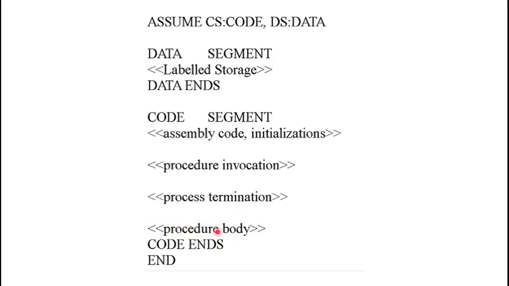Note that the procedure body should only be used from a procedure invocation, not as part of normal control flow. So it's initialization, invocation, termination part, then procedure body, or branch part and procedure body. The purpose of this process termination or branch part is to skip the body and avoid unintentional execution.